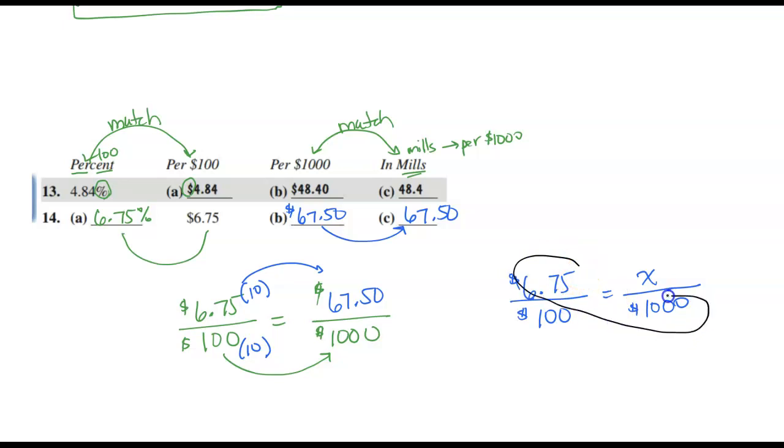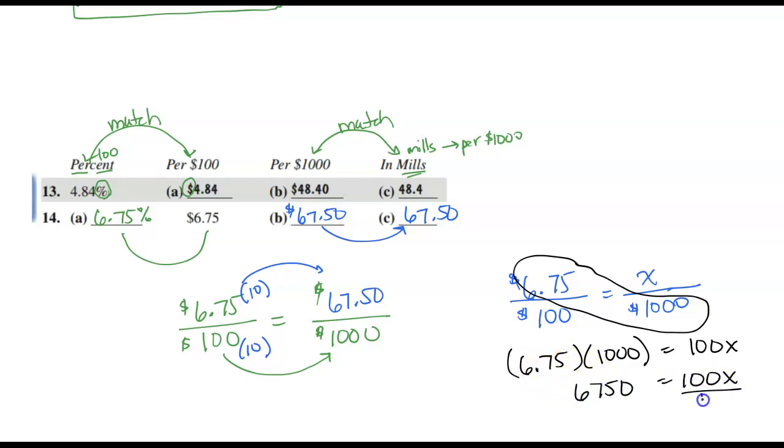And cross multiply is really just a simplified shortcut of using a common denominator. And then, on the left-hand side, I'm going to move my decimal 3 places. And then dividing by 100, I'll go backwards 2 spots. And I get that same 67.50.